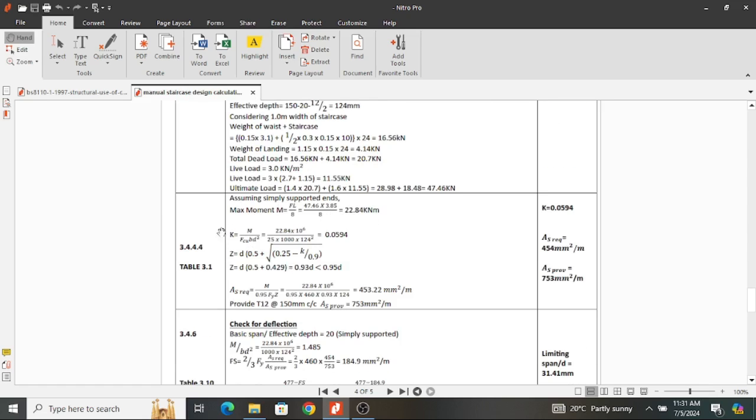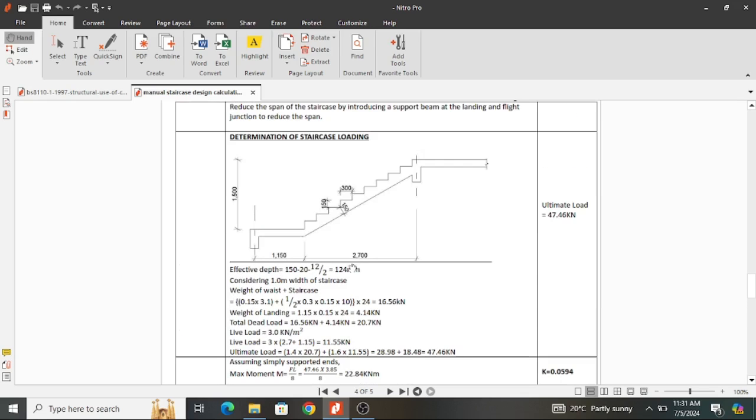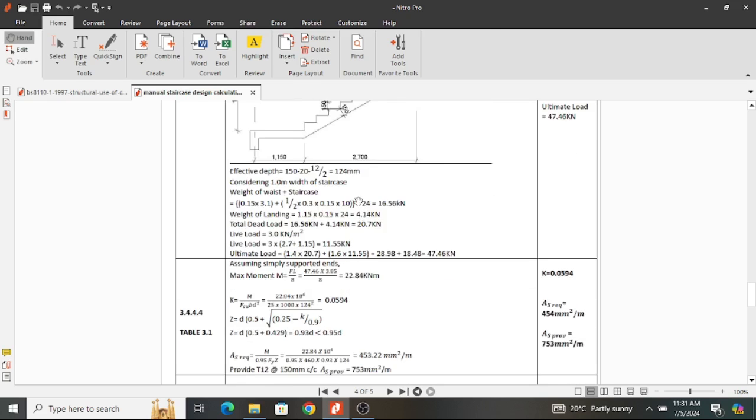So you proceed with the same procedure, clause 3.4.4.4. You can use that to determine the lever arm, which was 0.93. But you can look, after introducing a beam here, the span was short, and I tried using a depth of 150, because now we have reduced the spans, the loads have reduced. Therefore, we can try using 150. If it still fails, we can now proceed to increase the depth.